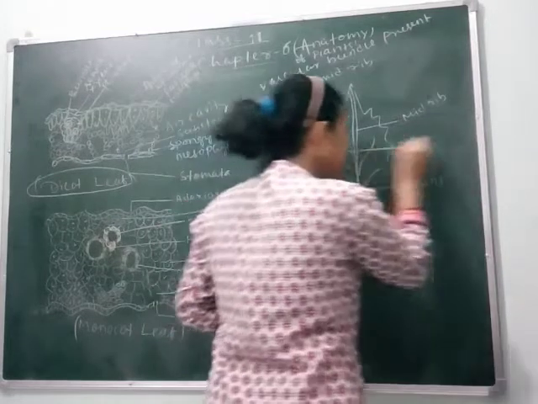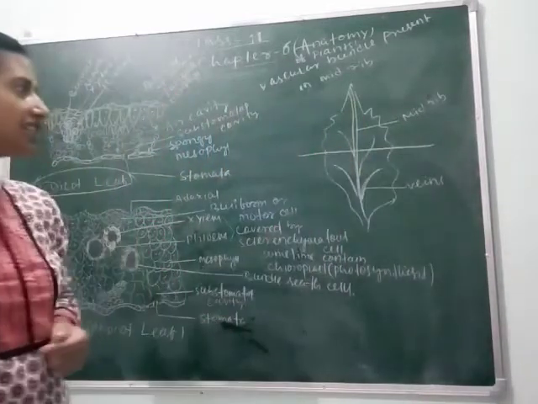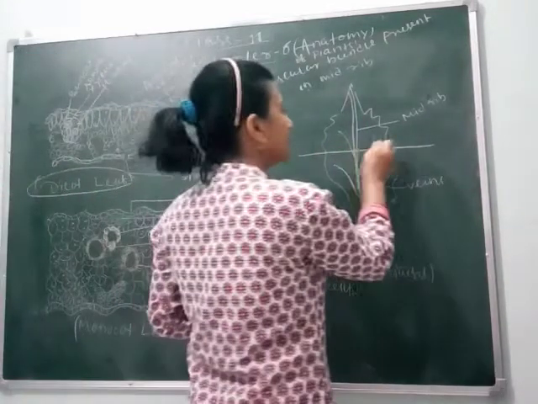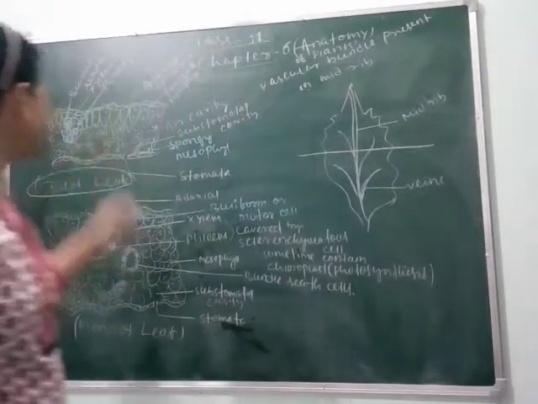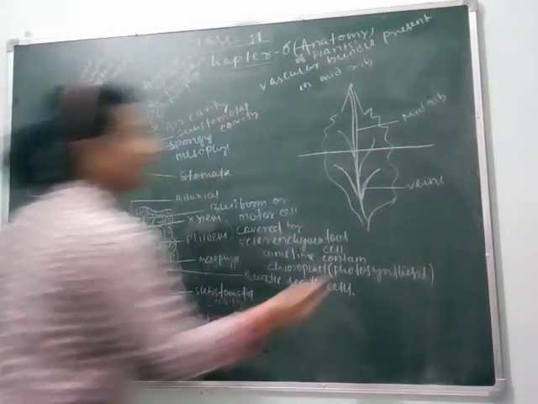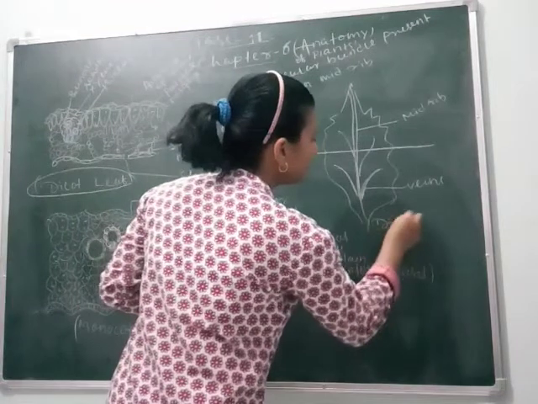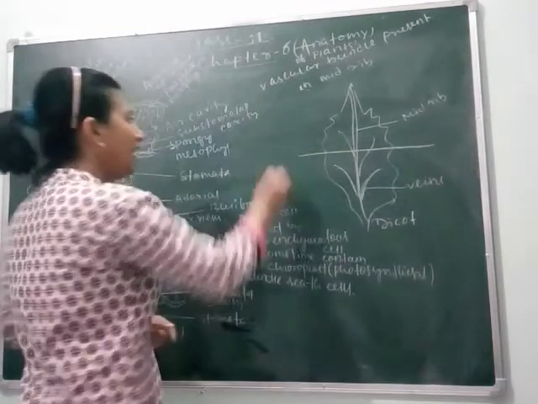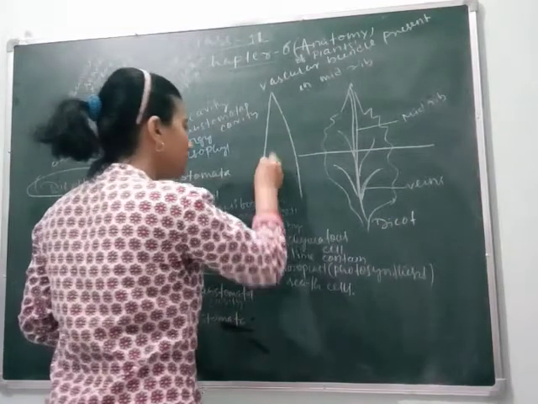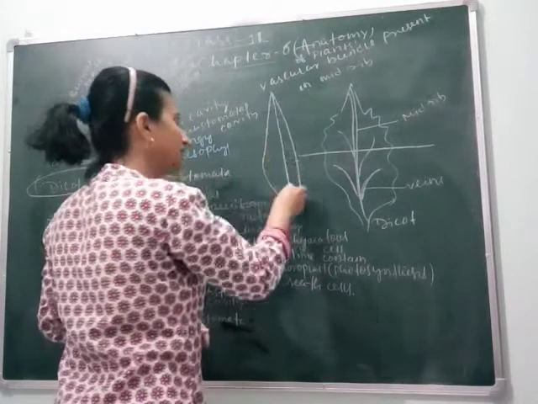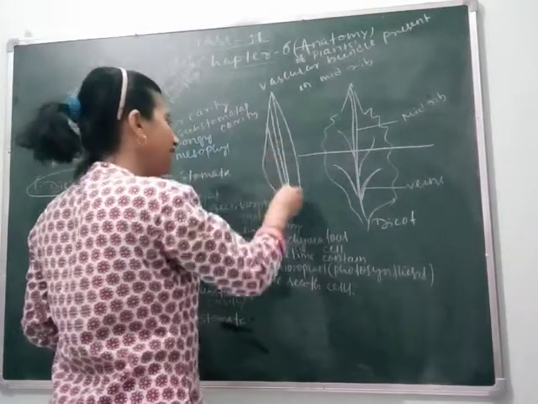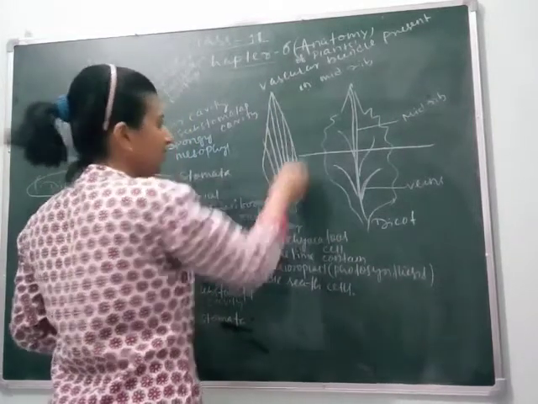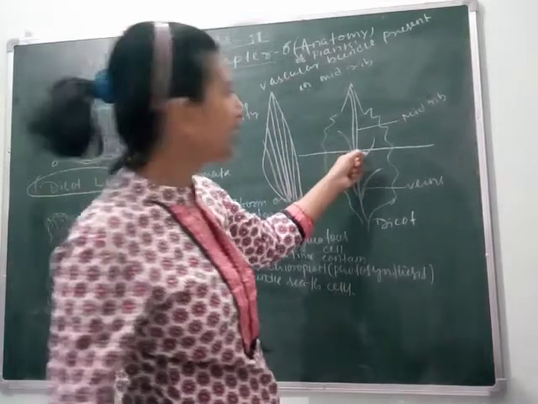When we cut the leaf from here, we can see different vascular bundles and different structures like this. This is a dicot leaf, and this leaf represents monocot. Here is parallel venation, and here is reticulate venation.